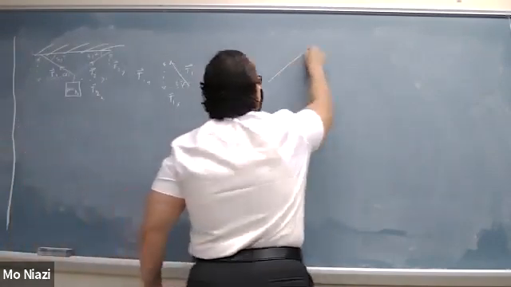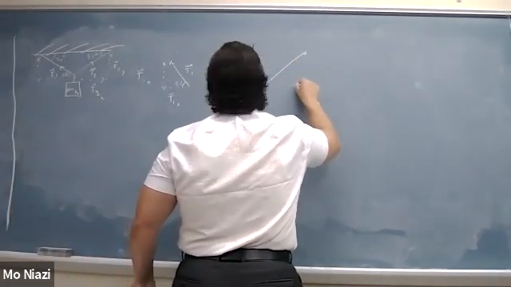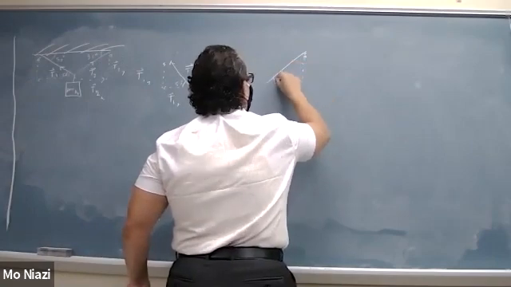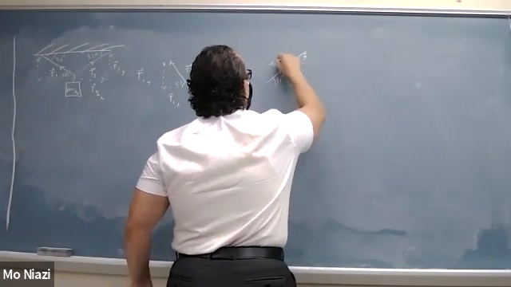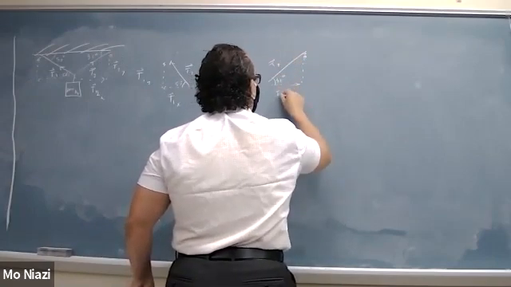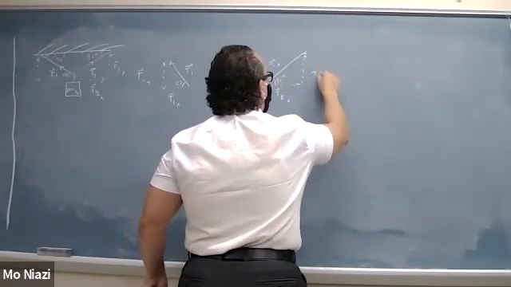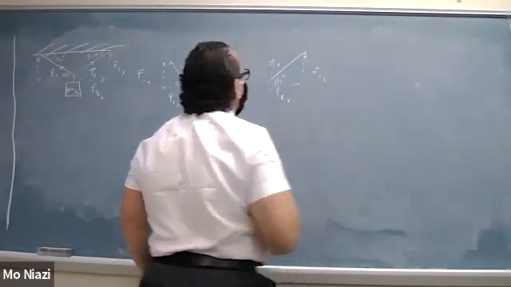We can construct this situation where this is 32 degrees. This is your T2, T2 of X, T2 of Y.